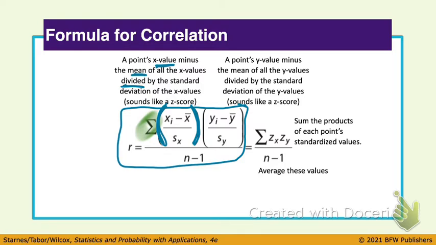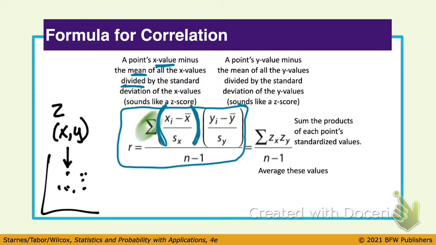So basically what you're doing here, remember, you've got your scatter plot, and each of these dots has an x and a y value. You're standardizing the x value. You're getting the z-score for that particular x value. Then if you look to the next parenthesis, we take the y value, subtract the mean, and divide by the standard deviation.